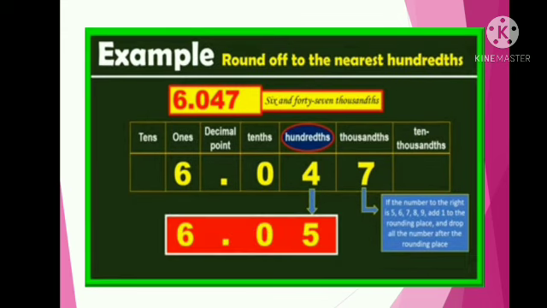At eto ngayon ang ating final answer. Kapag ni-round off mo ang 6 and 47 thousandths, ito ay magiging 6 and 5 hundredths na lang. Yung thousandths ay tatanggalin na natin because we are only rounding off to the nearest hundredths lang.